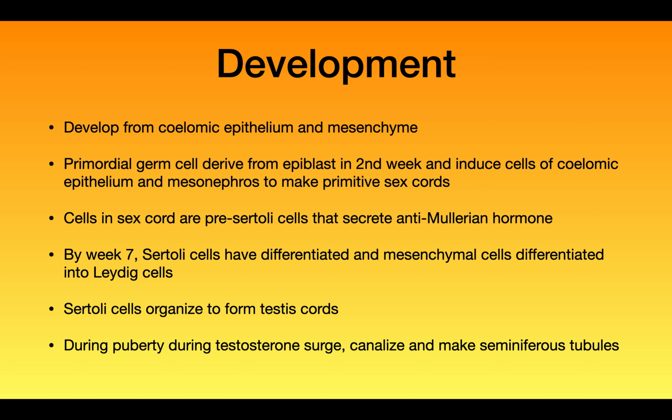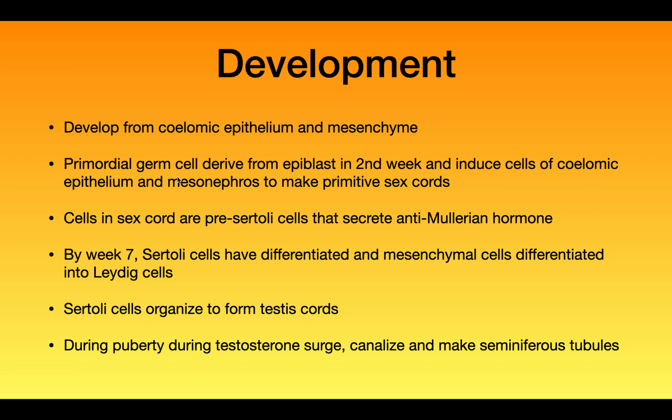Okay, so development-wise, it comes from the coelomic epithelium and the mesenchyme. So there's two components. That's why the male innervation is both sympathetic and parasympathetic. We'll go over that later, but it's due to the two different embryologic origins.